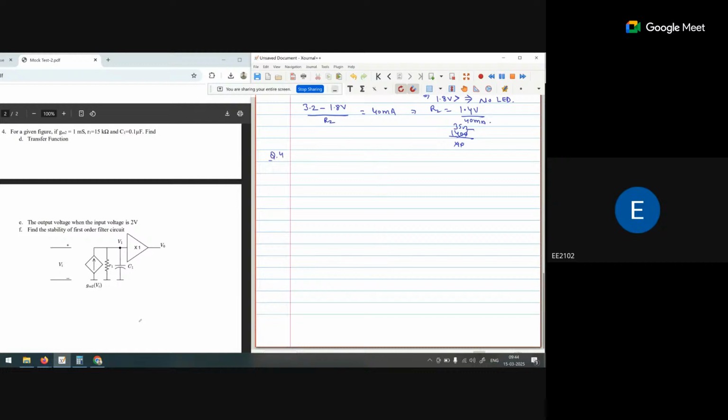Now, question number 4. So the input voltage is Vi, Gm to Vi, R1, C1, this voltage is V1.